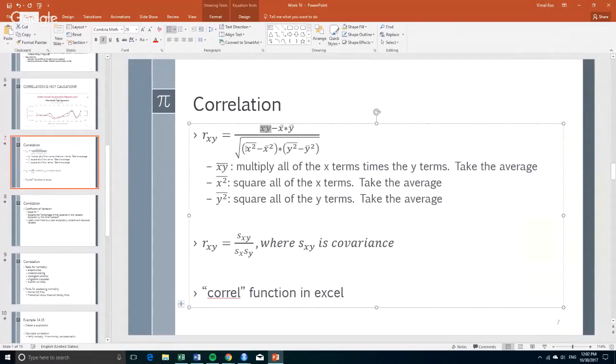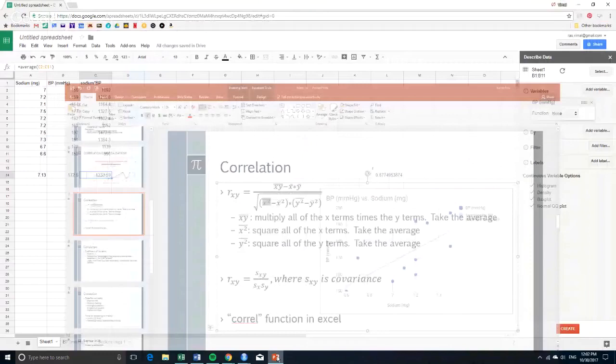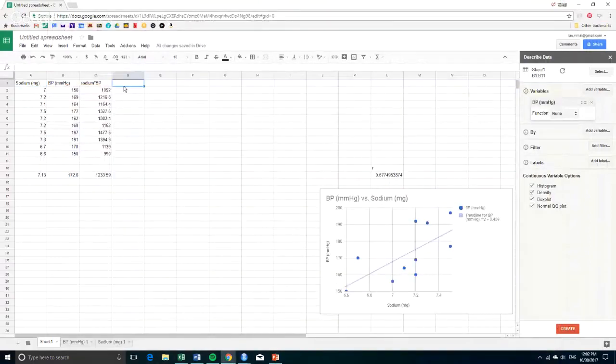What else do I need? I need X squared bar. So I have to square all of the X terms and then take the average. So sodium was my X, so sodium squared. I will take sodium, multiply it by itself. So 7 squared is 49. And then take the average. Similarly, I have to find Y squared bar.